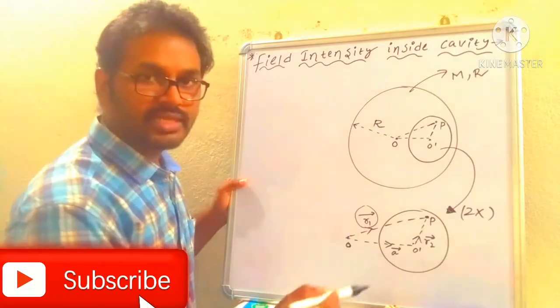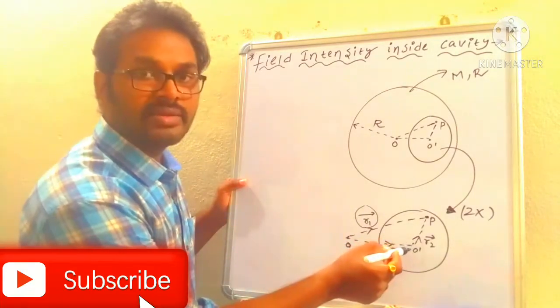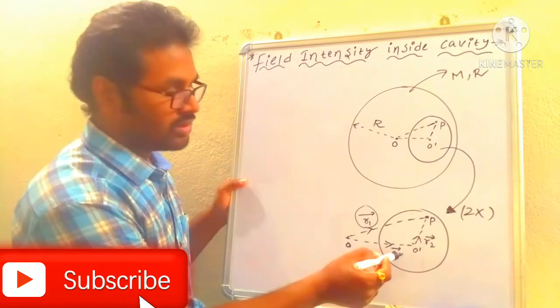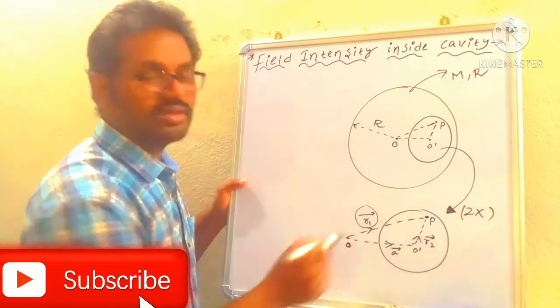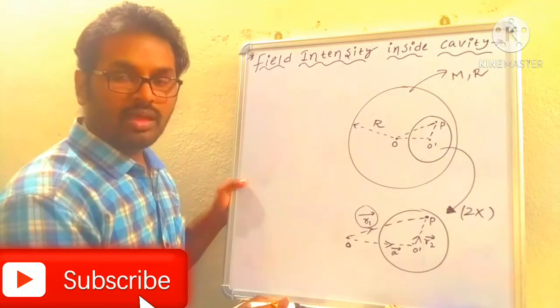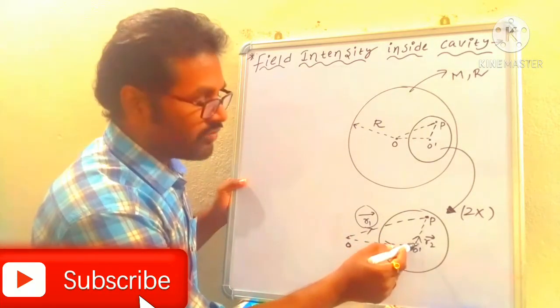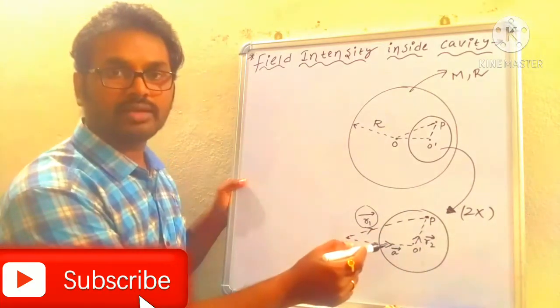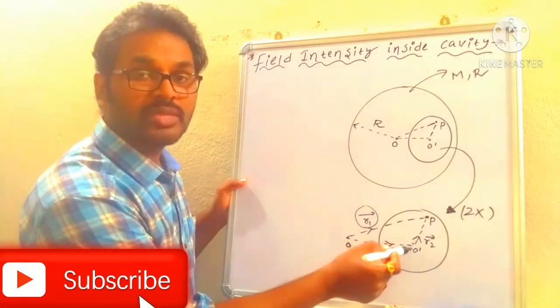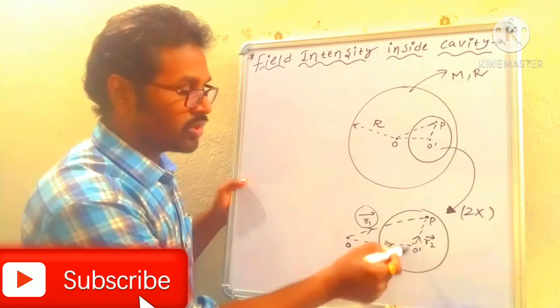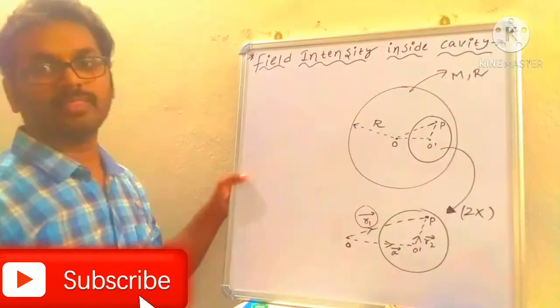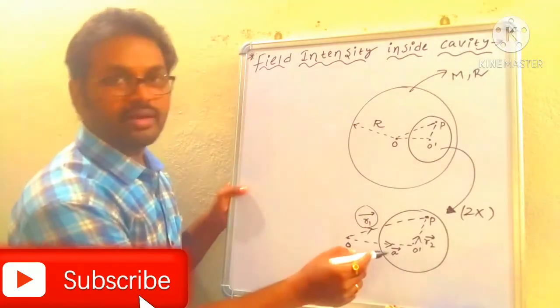Similarly, we are taking a reference from the center of the cavity also. The distance is R2, or we can call it the position vector R2 bar, where R2 bar is the position vector from the center of the cavity, denoted by O dash. So what is A bar?